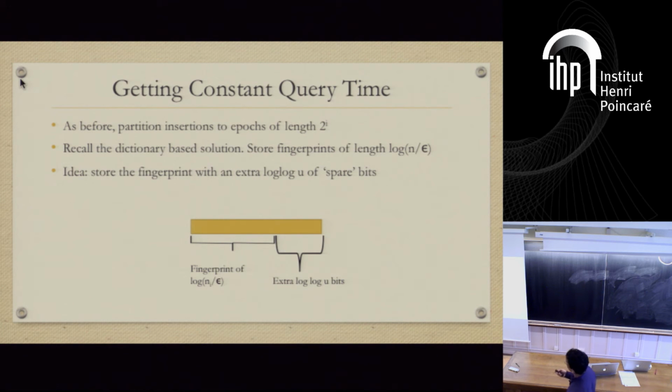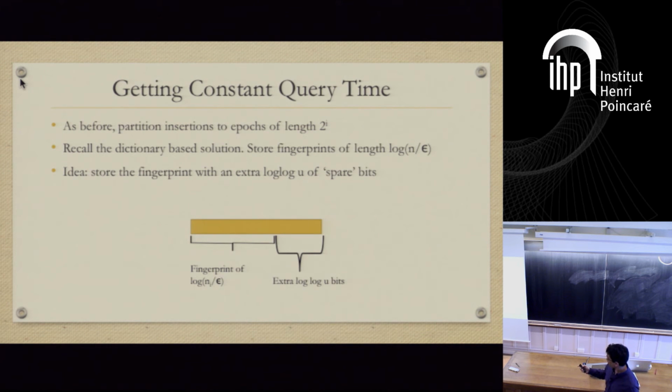As before, we partition the insertions into epochs. So we will have n_i as the size of the current epoch, and that would be our n. So think of n as the n for the current epoch. And remember that we had the solution of using, say, a universal hash function and storing signatures of length log n over epsilon. That was in the first slide. So let's do that.